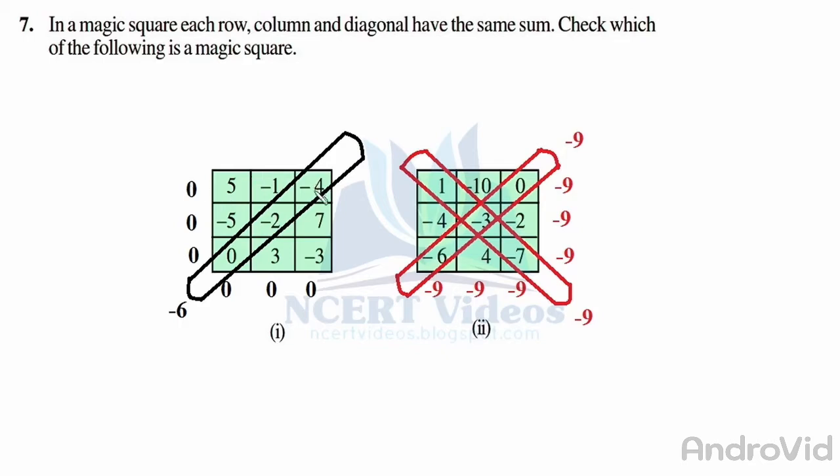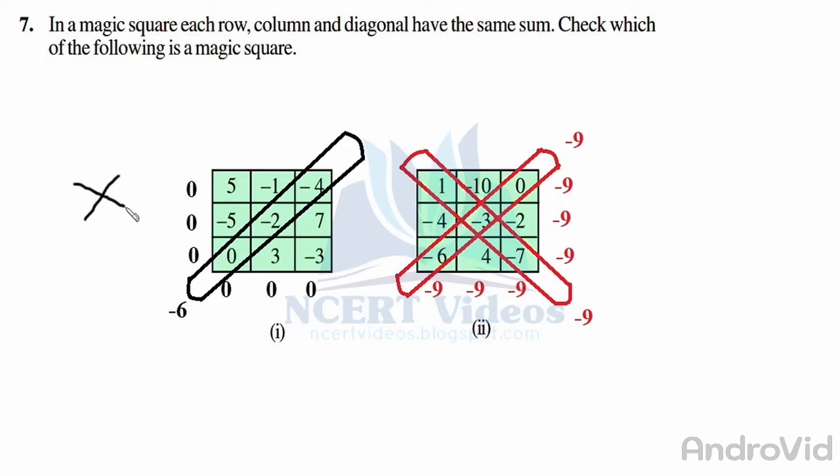So here minus 4 minus 1 is minus 5, plus 5, again 0. Now minus 7 plus 7 is 0, 3 minus 3 is 0. So far we are meeting the criteria. Now let's check diagonally. So when you do it, minus 4 and minus 2, what is it? Minus 6. Now we don't have to check any further. This is not a magic square because diagonally it fails.